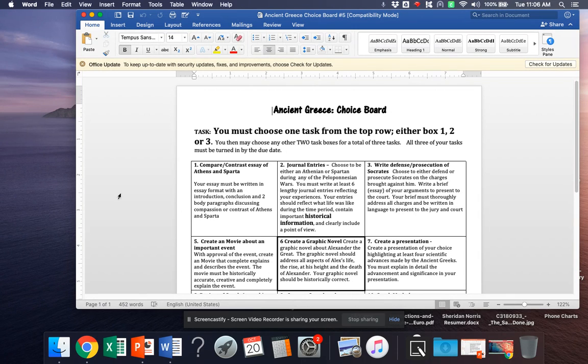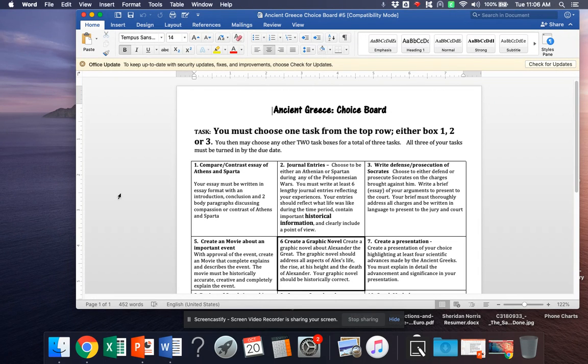We have the death of Socrates, which is an important event. So lots of events that you can use if this movie is something you like to do. It must be historically accurate, creative, and completely explain the event. We have the Battle of Thermopylae, the big 300. So there's lots of things in this chapter to make a movie about.